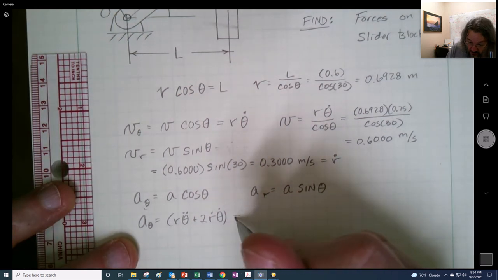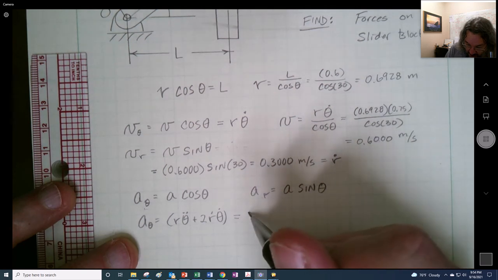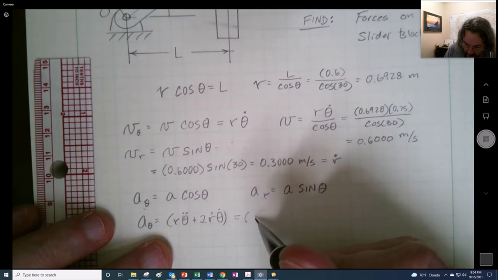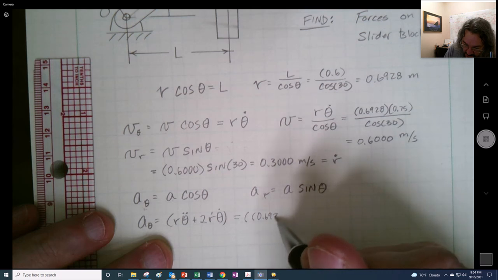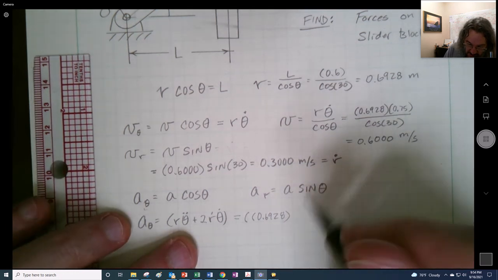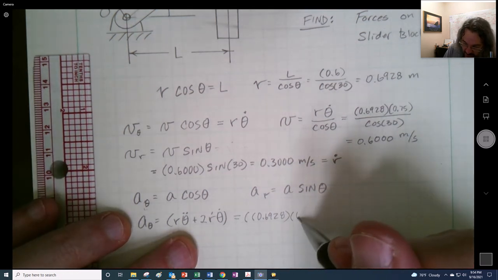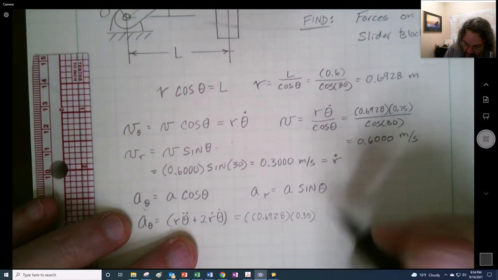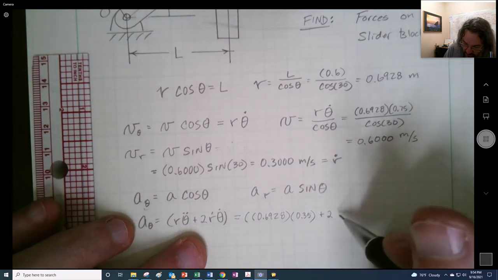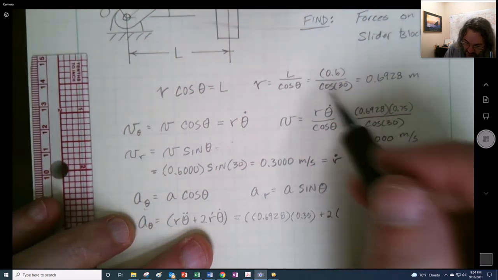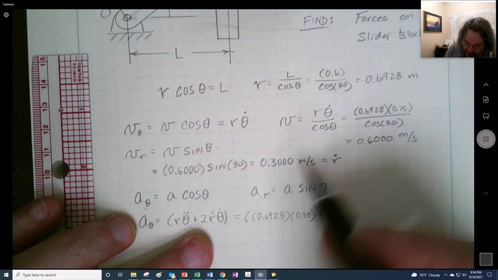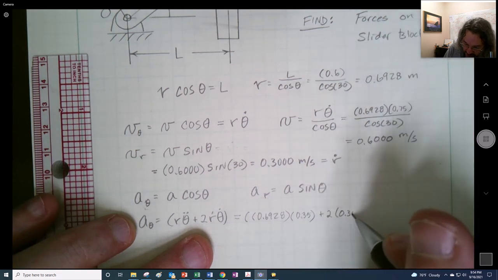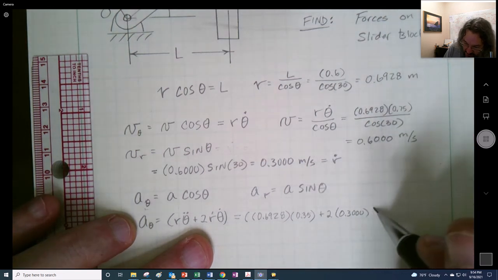So we can actually get this A theta right here. Okay, so we get the radius 0.6928 times the theta double dot, which was given to us as 0.35, plus 2 times r dot, which we just found, 0.3000, and then theta dot, which is 0.75.